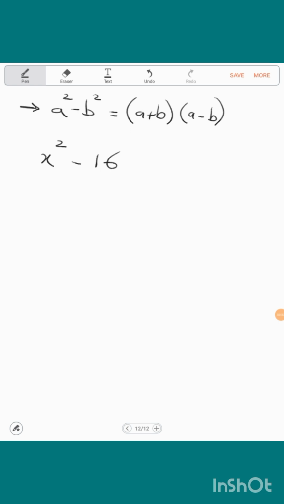If you see the first term and the second term, can you take out anything as common? Any variable or any number? No. So you're going to apply the formula over here, and you will see that this x has a power 2, which means that yes, you can apply this a square minus b square formula.